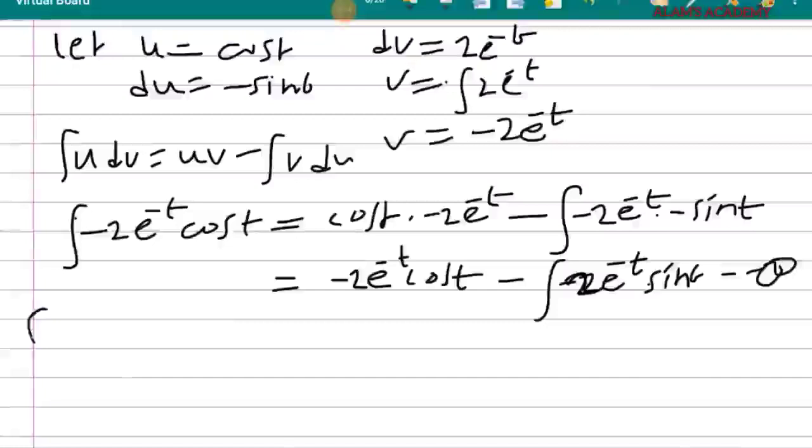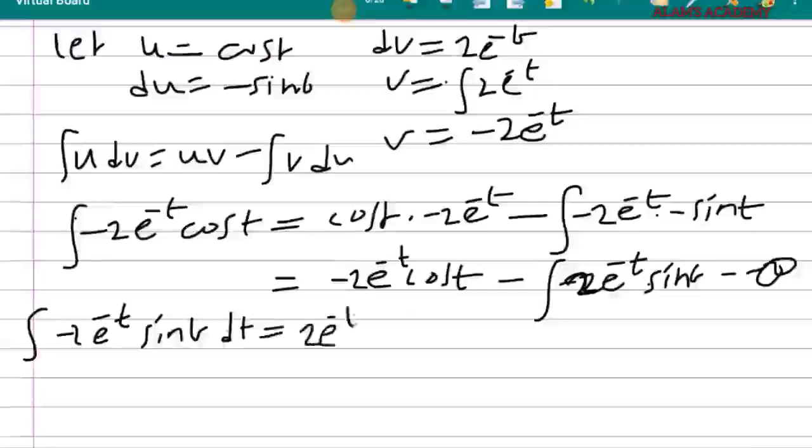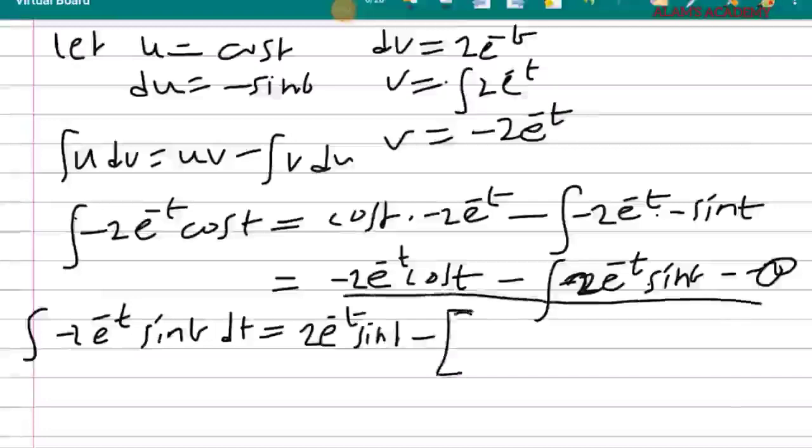And then for the first equation, I'll have negative 2e^t sine of t equal to 2e^t sine of t minus, now we can substitute everything of this in the place of the integral of 2e^(-t) cos t dt.